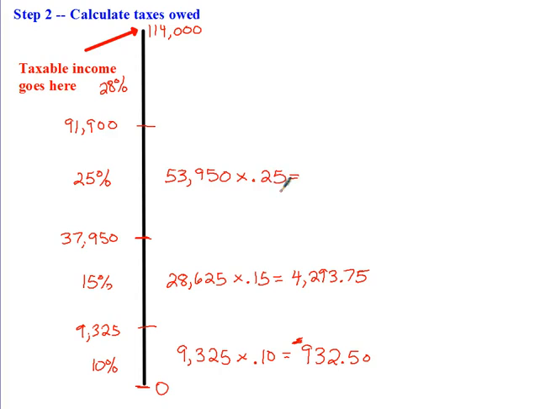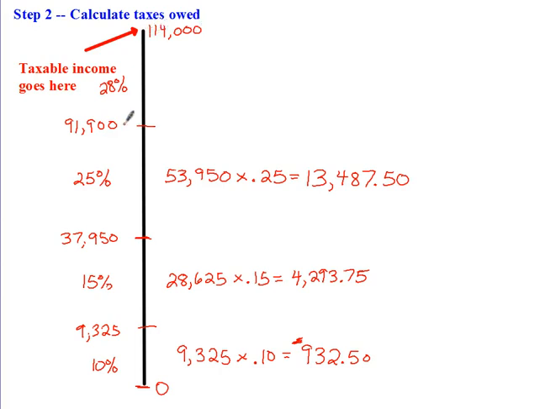That's the 25% tax bracket. And so that's going to be this guy's paying a lot of taxes, $13,487.50.